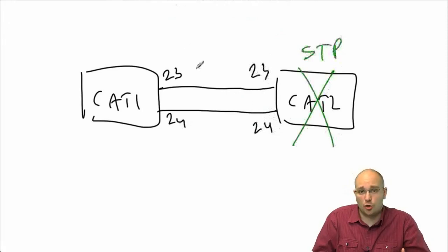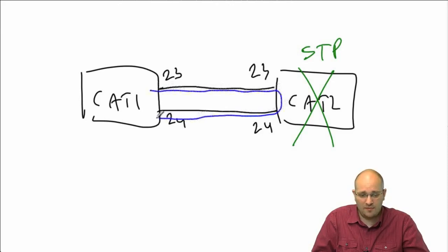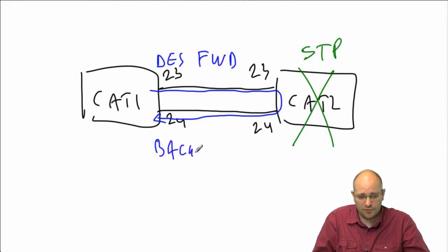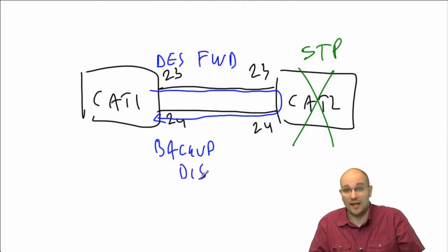What that is going to cause is the BPDU sent from fast Ethernet 23 will simply be forwarded out fast Ethernet 24 back to cat1 and vice versa, which means that I should see port 23 being the designated port in forwarding state, and fast Ethernet 24 will not be the designated port, it will be the backup port in the discarding state, or as Cisco is going to tell me, the blocking state.